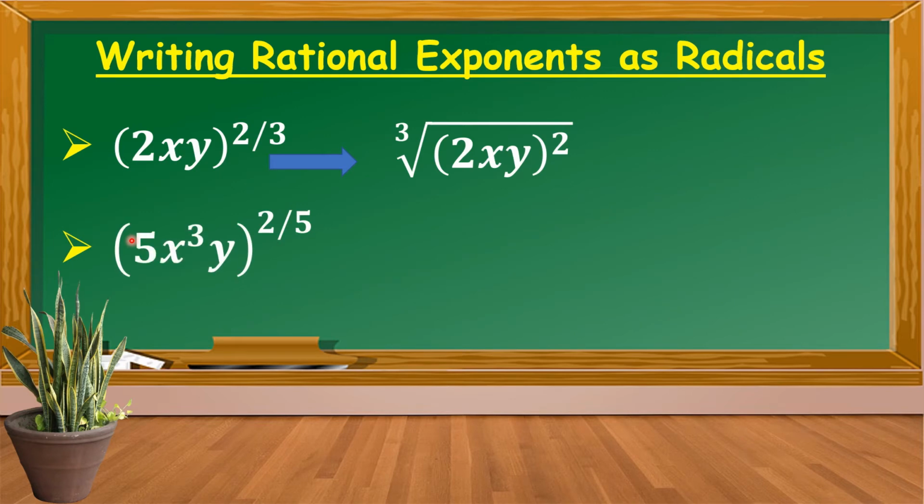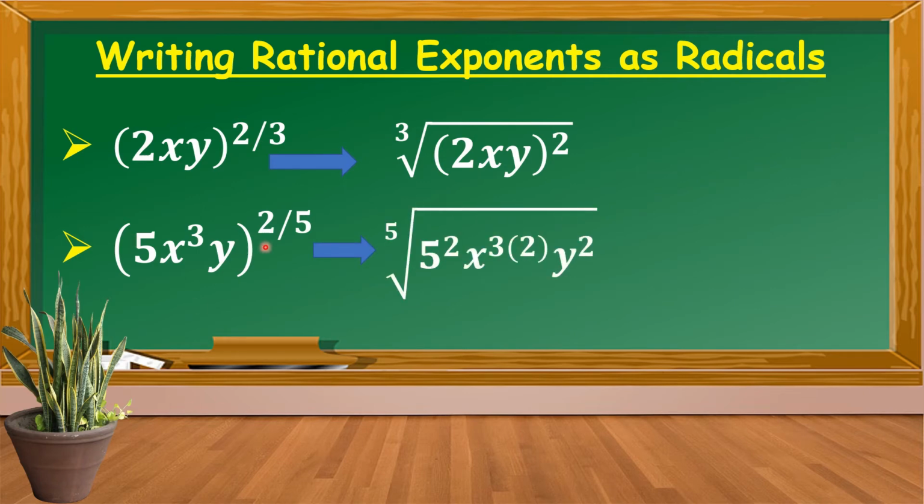Next example. Quantity 5x cubed y raised to the power of 2/5. How are we going to write this into radicals? Our index is 5 since our denominator is 5. And we distribute the 2 to each term of the numbers and variables in our base. So, it becomes 5 squared. We copy x cubed and multiply by 2.